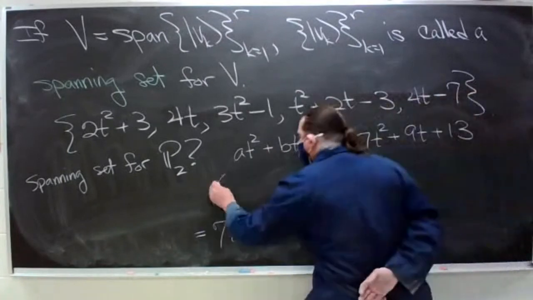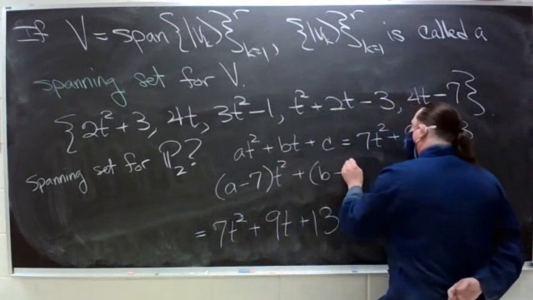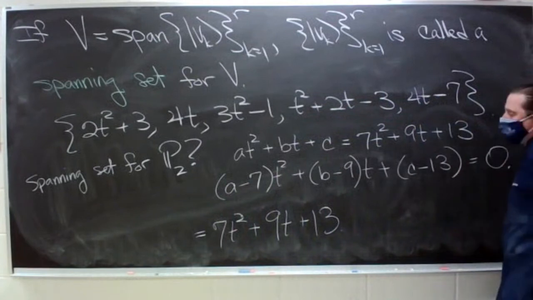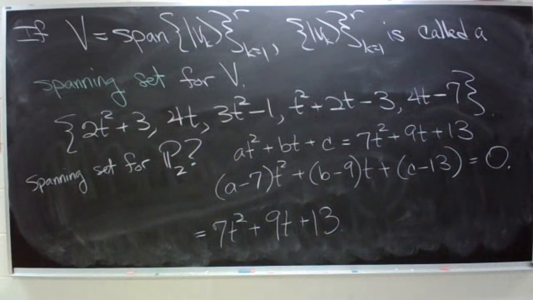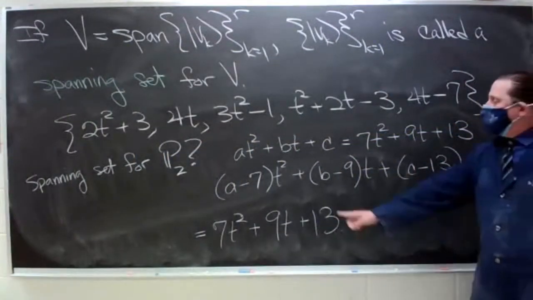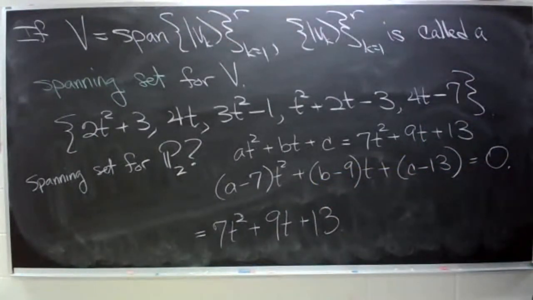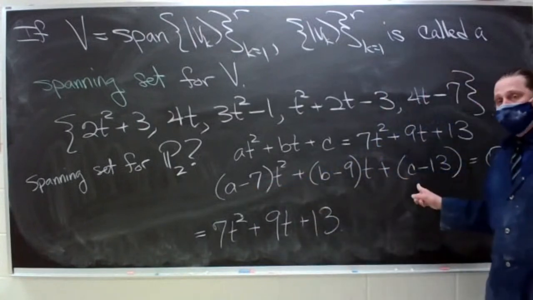Well, if I subtract, I would get that. All right? And so effectively what we're saying is that the only linear combination of t squared, t, and 1 that gives 0 is the one where the weights are 0.